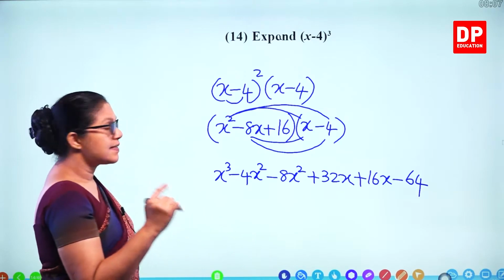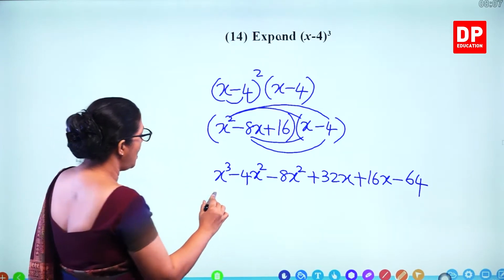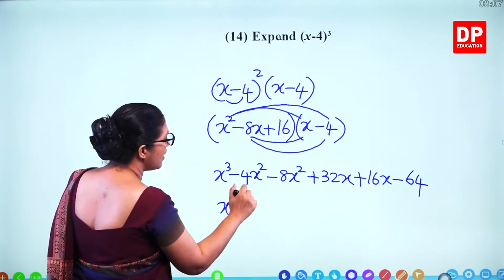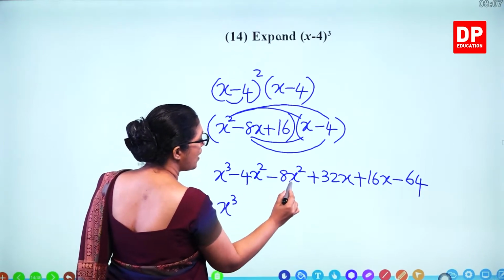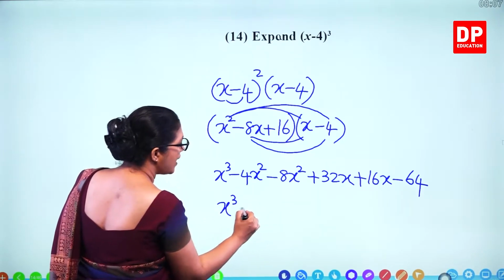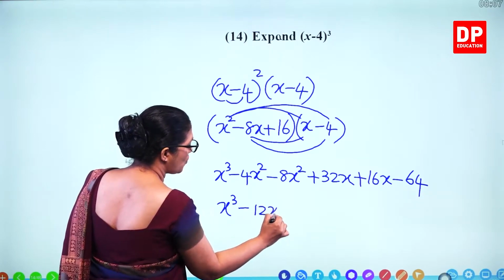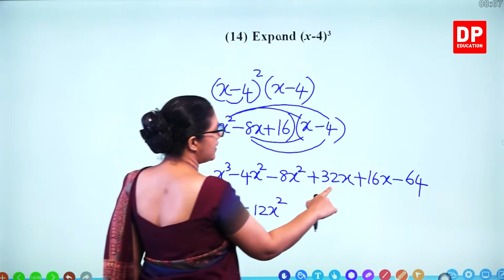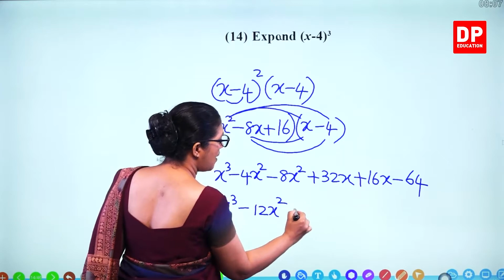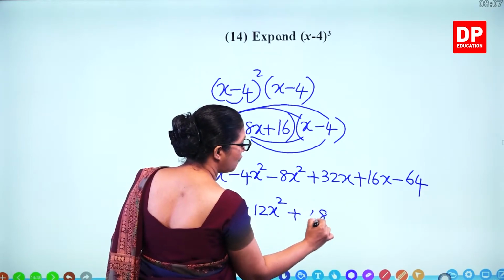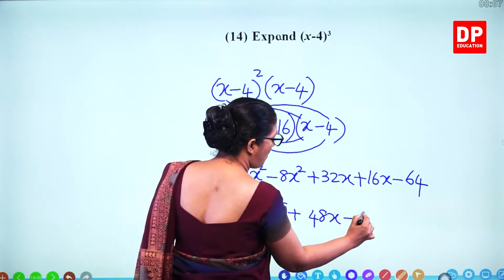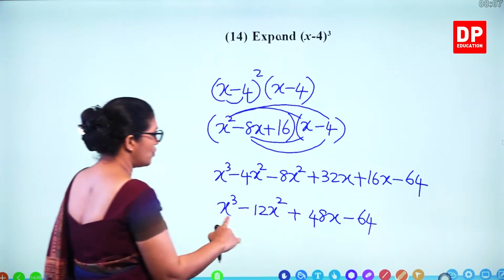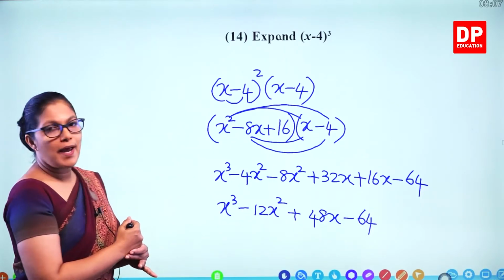Now you can simplify the like terms. x cubed minus 4x squared minus 8x squared, minus 12x squared. And 32 and 16 becomes 48x minus 64. So this is the expansion.